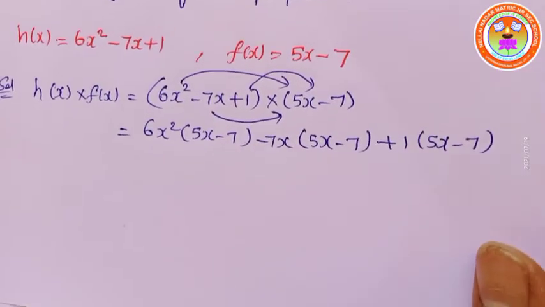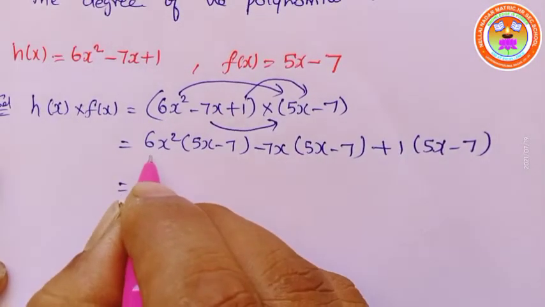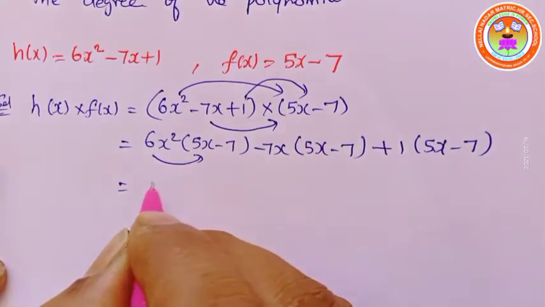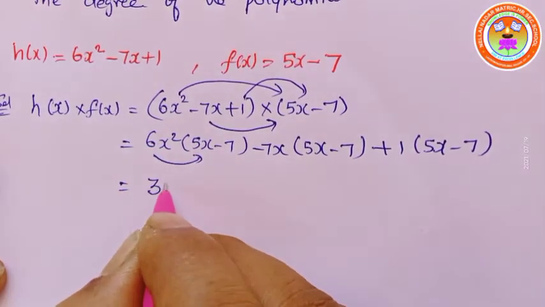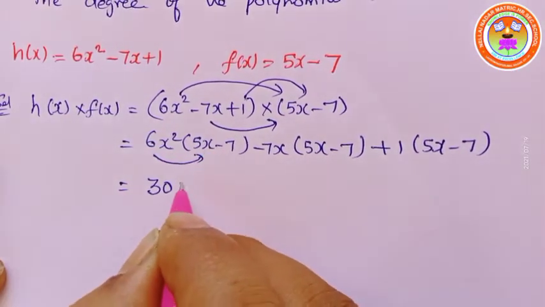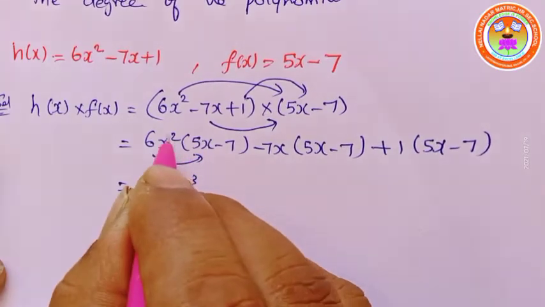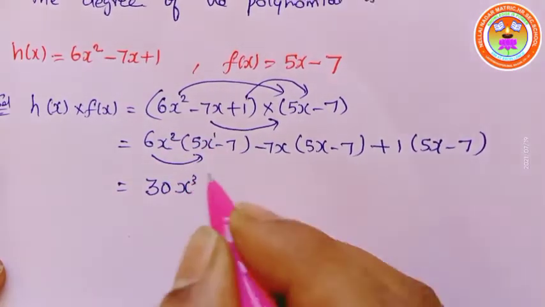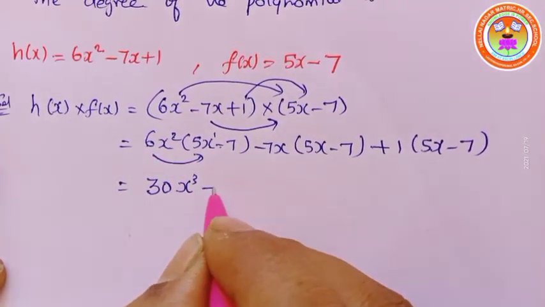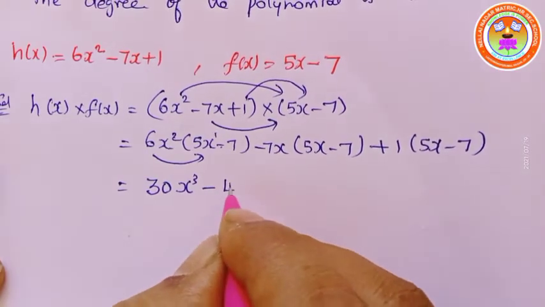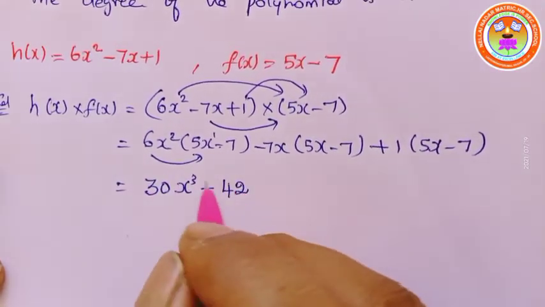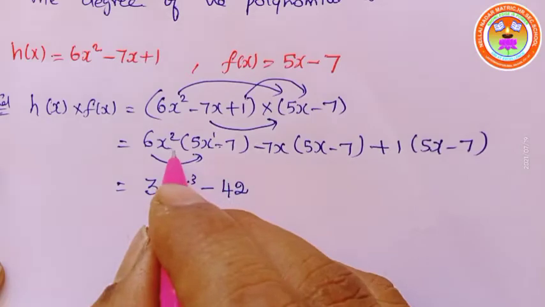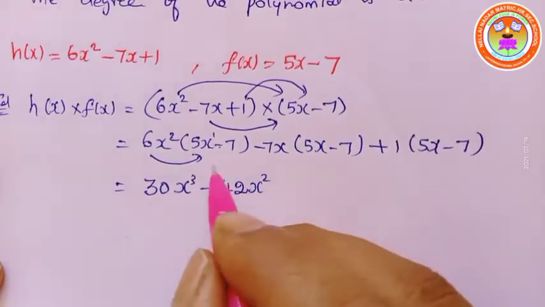It's clear students. Now again you are going to multiply, plus into plus is plus. 6 5s are 30. x squared into x is x power 3. Same base, so you add the powers: 2 plus 1 is 3. Then plus into minus is minus, 6 7s are 42x squared. It's clear students.